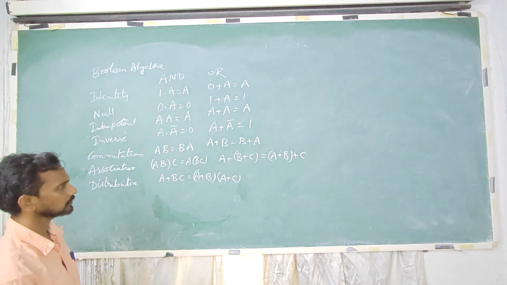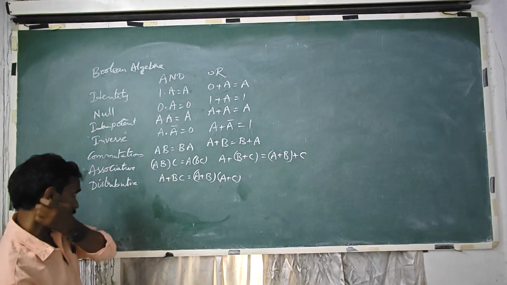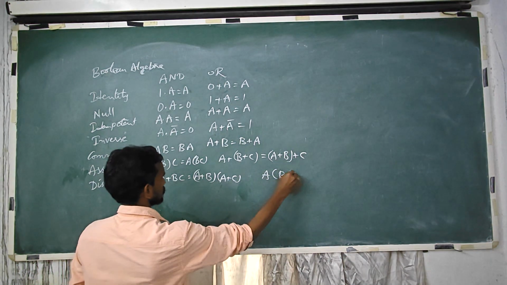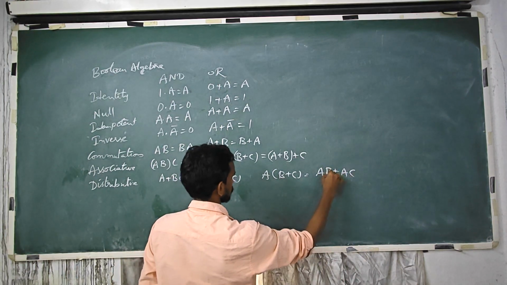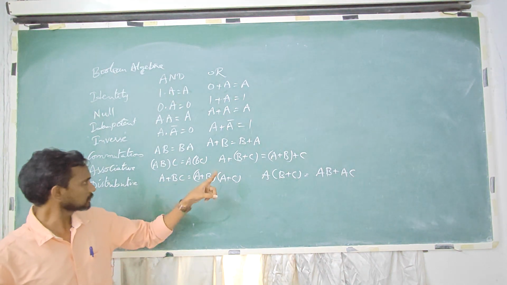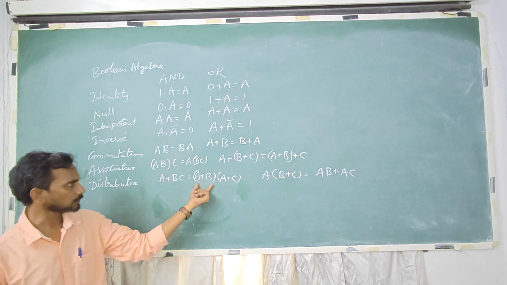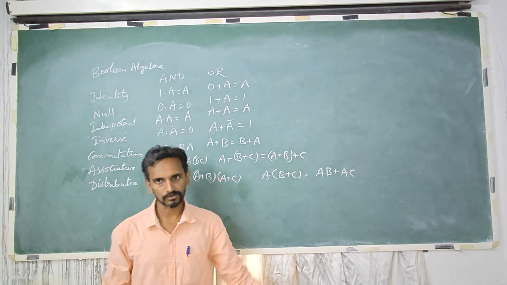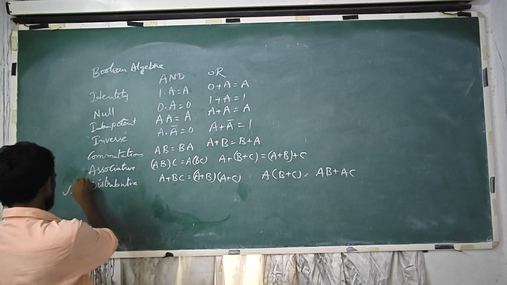And if you replace all the multiplications with additions and additions with multiplications, you should get the other one: A into B plus C is equal to AB plus AC. We may have to derive this, we will see that.